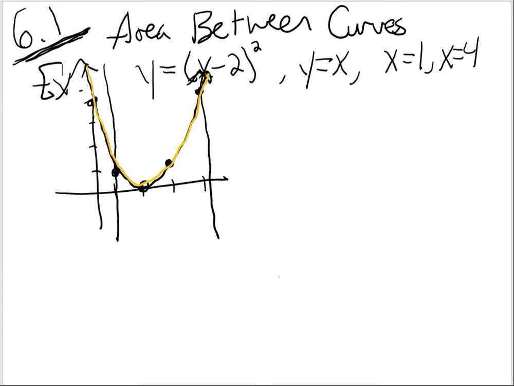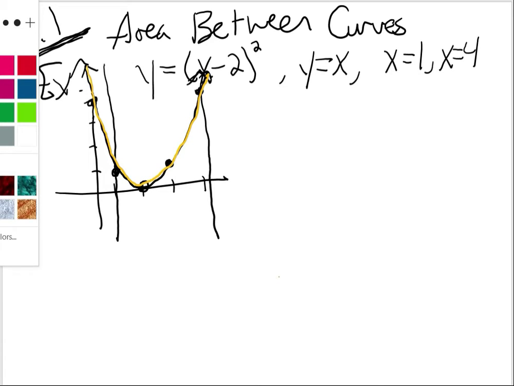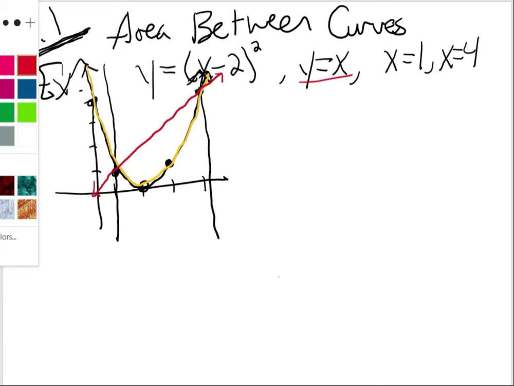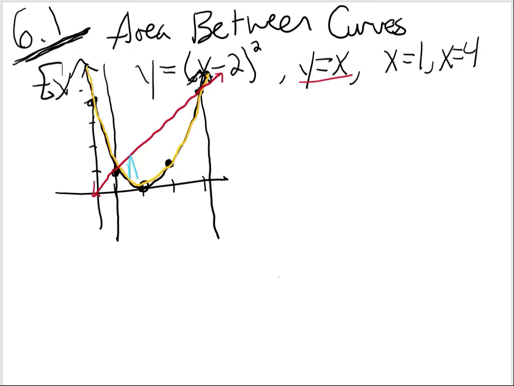Okay, so that's our function y equals quantity x minus 2 squared. What about the other function, y equals x? That's all we have left. Well, it's this line. So if you want to look at the area in between all these, that's going to be this area.